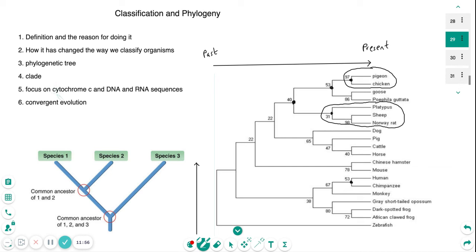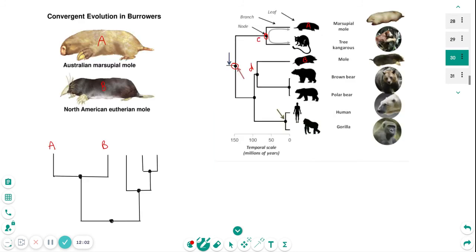All right, so the reason, I can't remember if I've mentioned this now, but the reason why we know that these two organisms do not come from the same common ancestor is because we're now able to study their DNA. We can study the molecules found in their cells, such as cytochrome C, and what we can see is there are big differences in their DNA sequence.